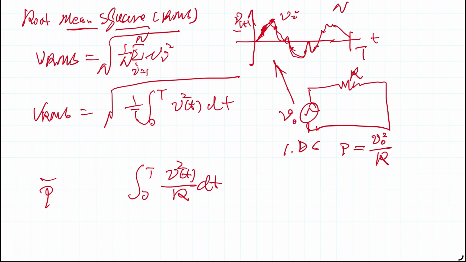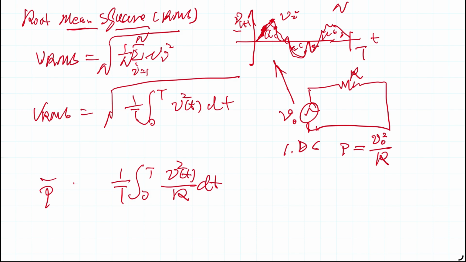That's the power integrated over time. What you get is basically the energy. The area under this curve is the energy. If we know the energy, to get the average power we just multiply by 1 over T, because energy divided by T gives you average power.